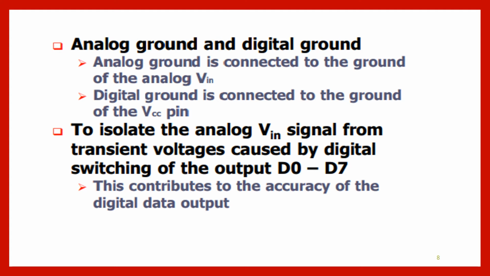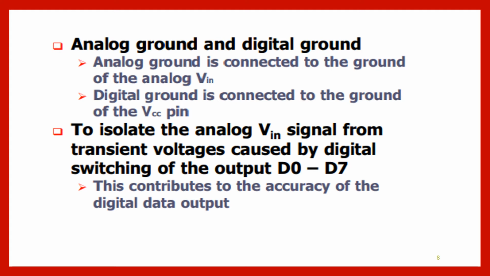Analog ground and digital ground: there are two input pins providing ground for the analog signal and the digital signal separately. Analog ground is connected to the ground of the analog V in, while digital ground is connected to the ground of the VCC pin. We have two ground pins to isolate the analog signal from transient voltage caused by digital switching of the outputs D0 to D7, so there will not be any mixing.